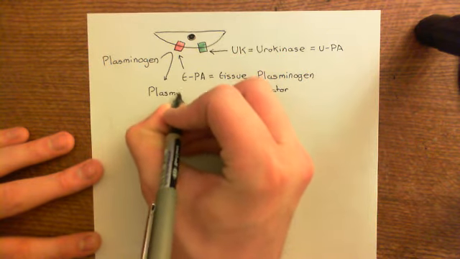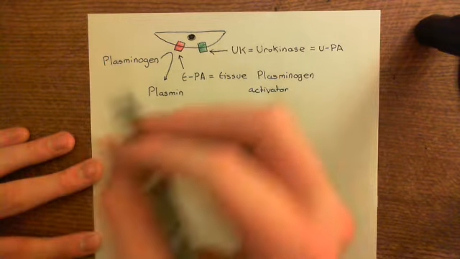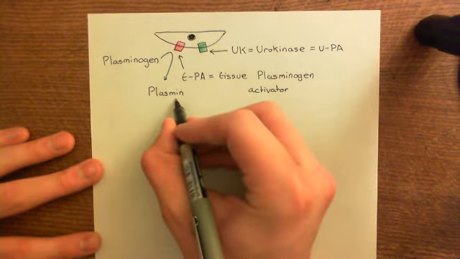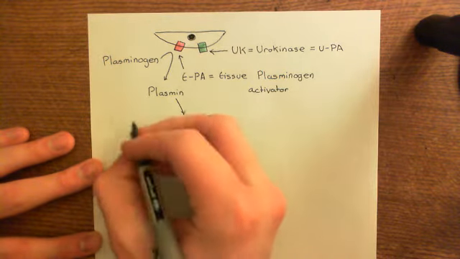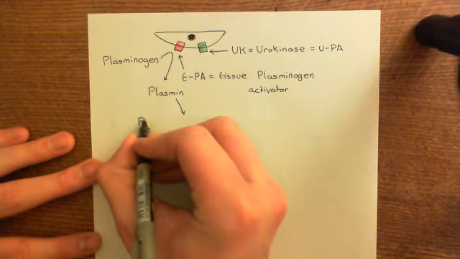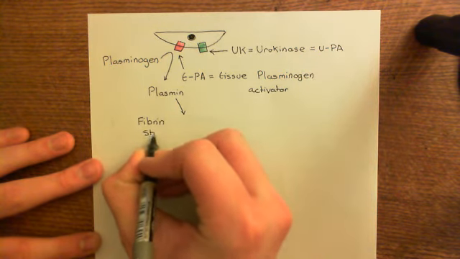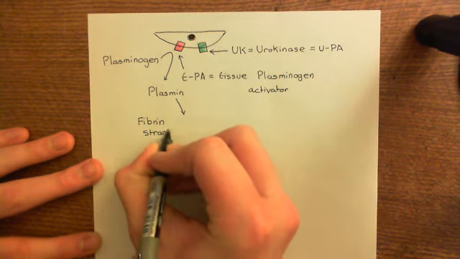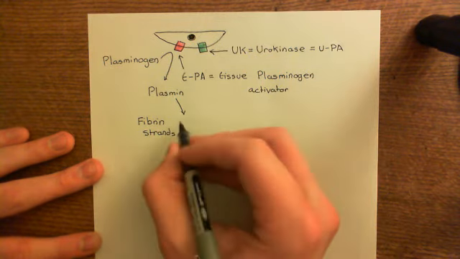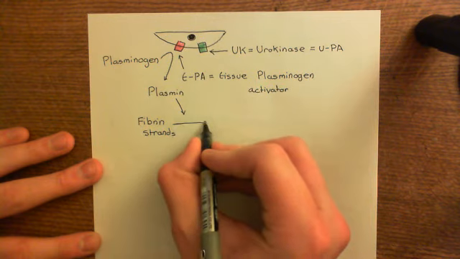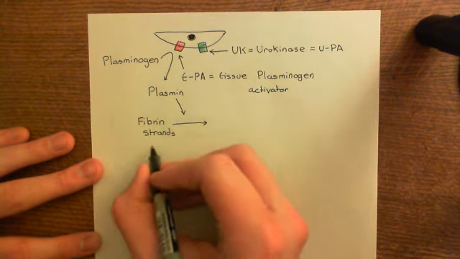Okay, and now what does the enzyme plasmin do? Well, plasmin degrades fibrin, so it's going to catalyze the breakdown of fibrin strands. So these polymers of fibrin which hold together a thrombus, or indeed a hemostatic plug, it's going to break them down. Basically, it's an enzyme that's going to chop up the fibrin strands.